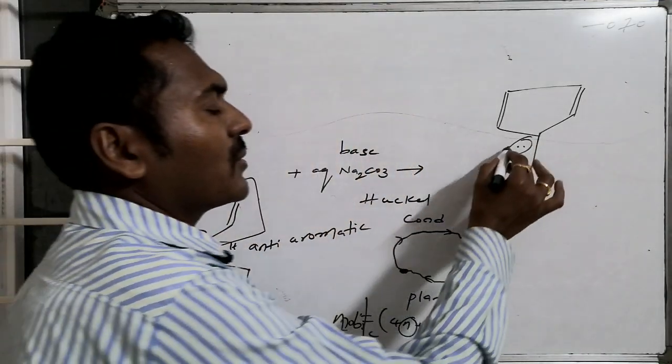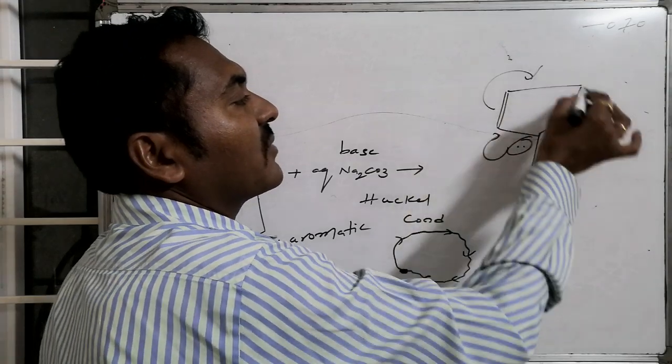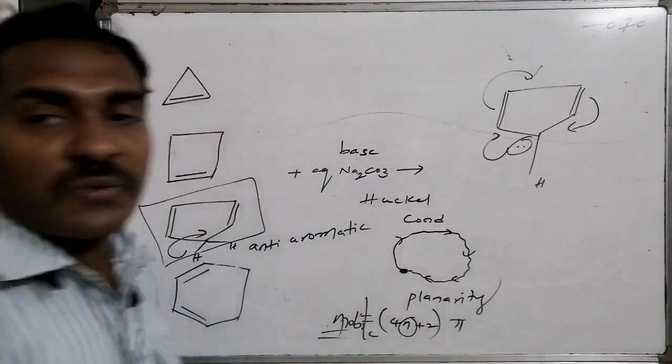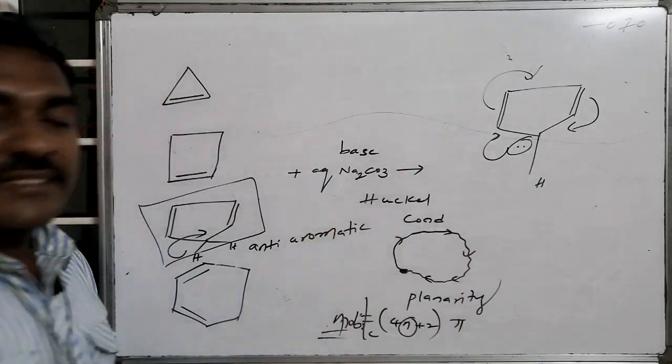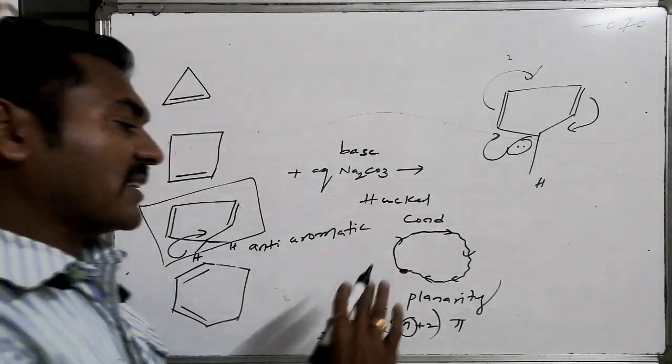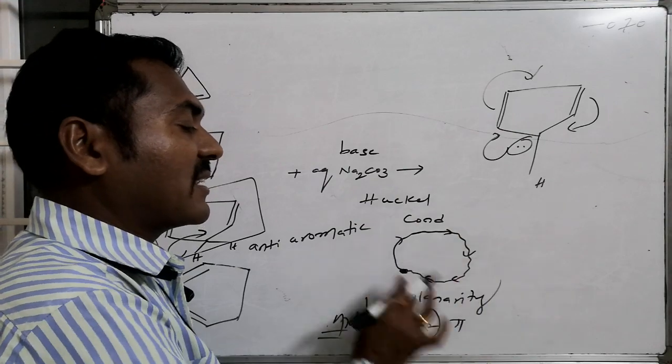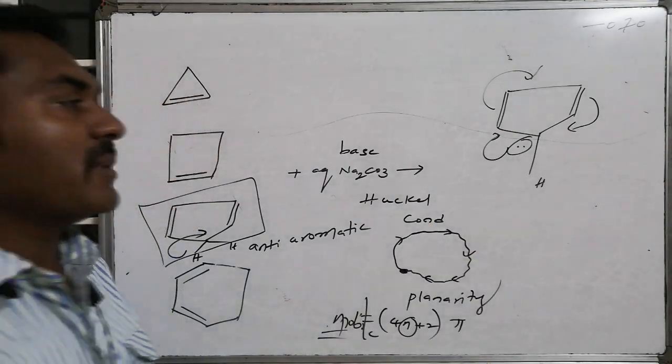This lone pair can be involved in conjugation, so the system can move around the entire ring, with cyclic migration of charge.